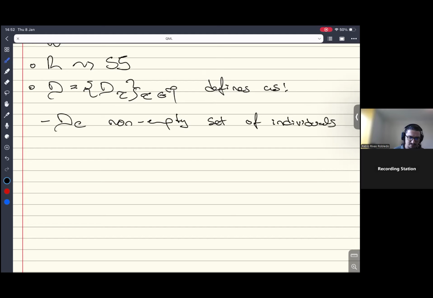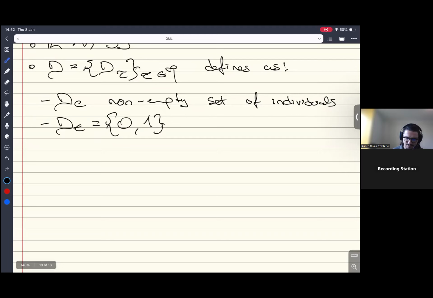We're going to have a domain of truth values, which is simply going to be C11, because these are the two basic types.